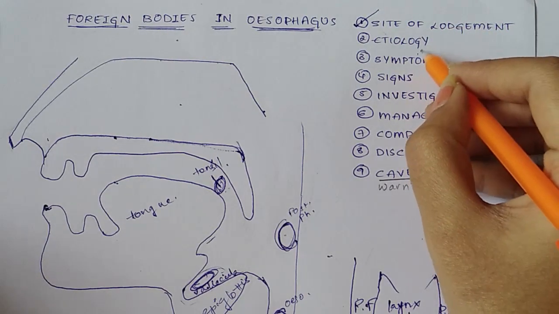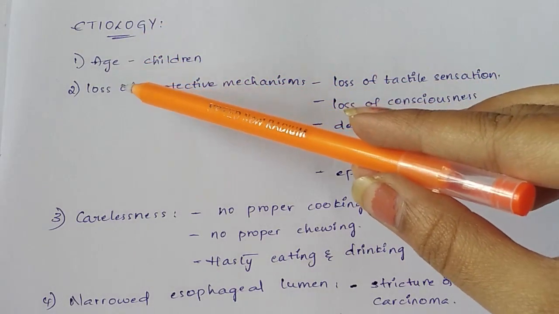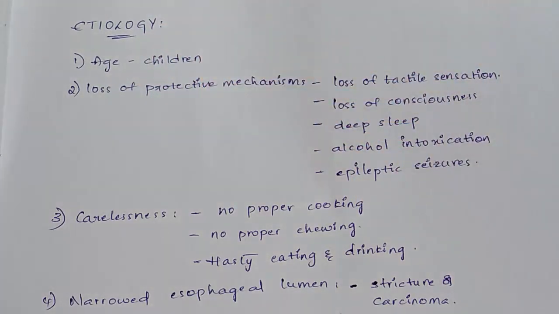And coming to etiology. First of all, it may be due to age: children often swallow whatever they see, right? So this may lead to the lodgement of several foreign bodies in their mouth or esophagus. Mostly it is seen in children below 5 years of age.